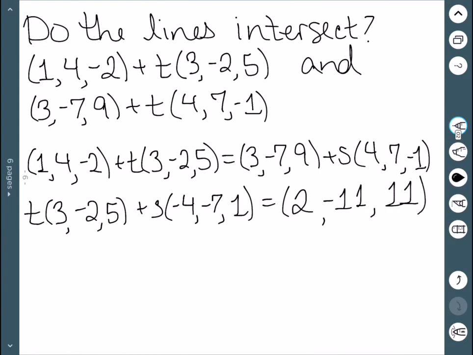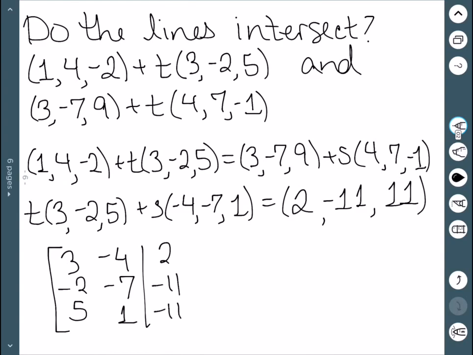And now we actually have a system of equations that we need to row reduce. I have the matrix with columns (3, -2, 5), (-4, -7, 1), and (2, -11, 11) that I now need to row reduce.